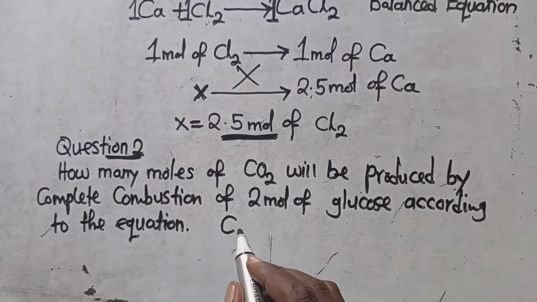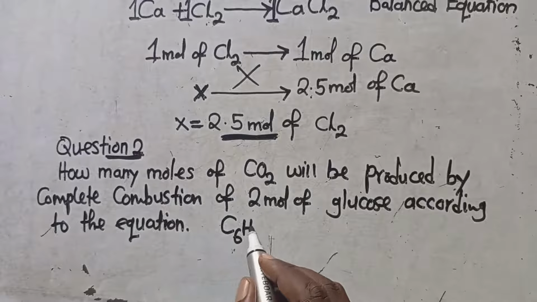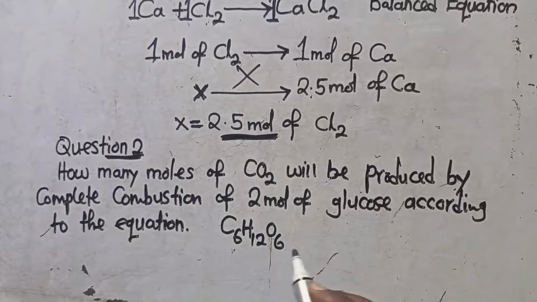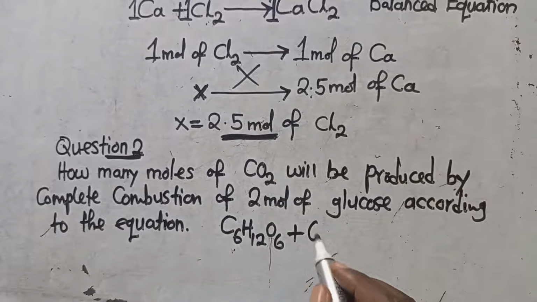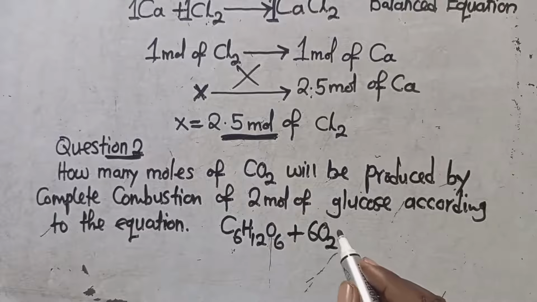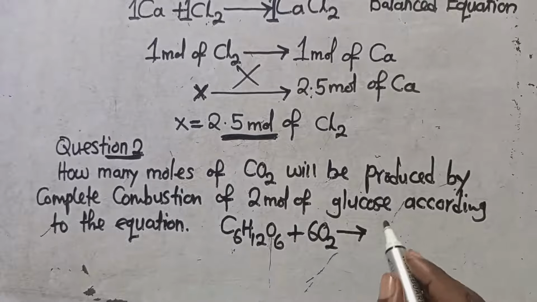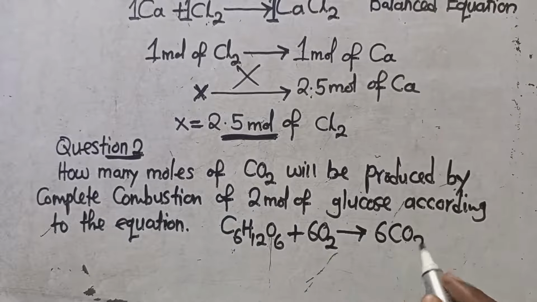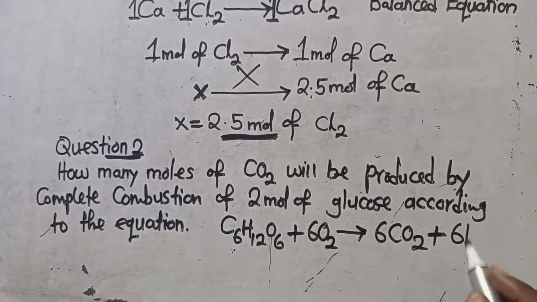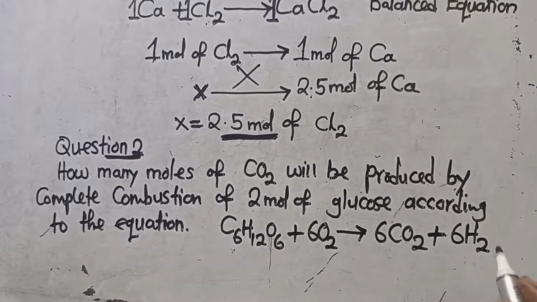They are telling you glucose, there is a 12 O, then 6 there, reacting with 6 moles of oxygen to produce carbon dioxide plus water. This is an equation that is given, already balanced for us.